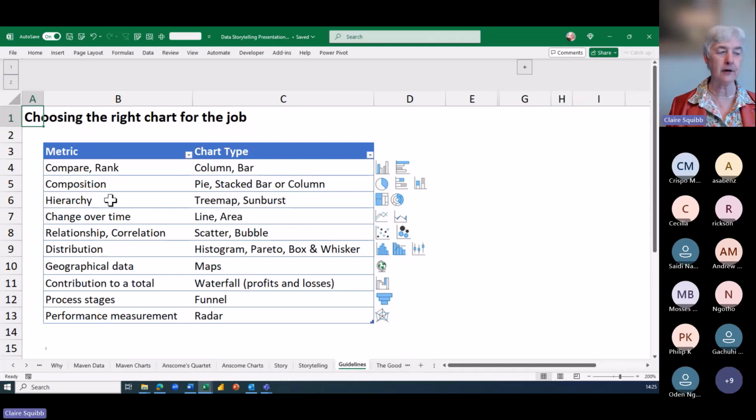If you have a hierarchy of data, so perhaps you've got years broken into months, or you might have a geographical hierarchy with states and counties, okay, so if you've got 2 layers of data, you could use the tree map. And that allows you to break your data into sections and subsections.